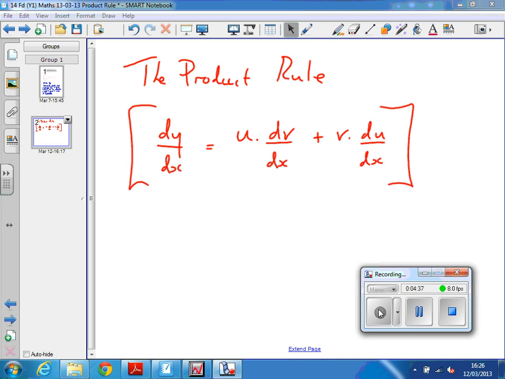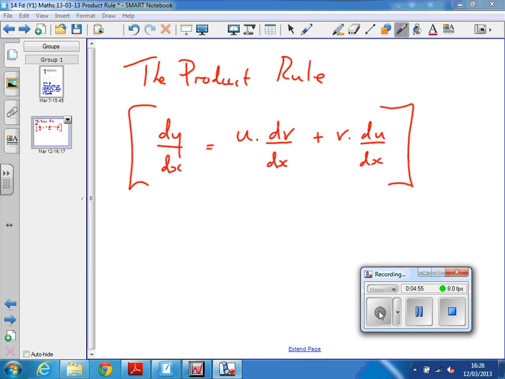The product rule says dy by dx, and note the symbol y, make sure it's a nice long tail on the y, equals u times dv by dx plus v times du by dx. That is the product rule.